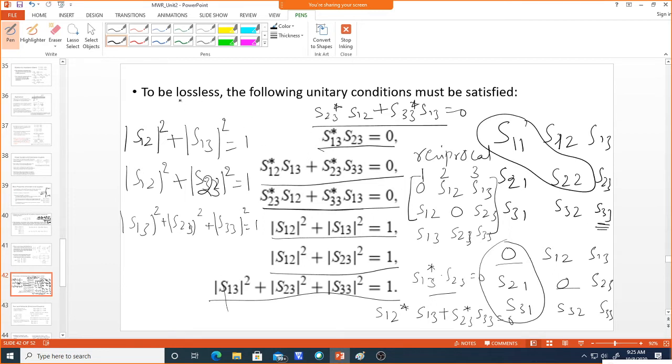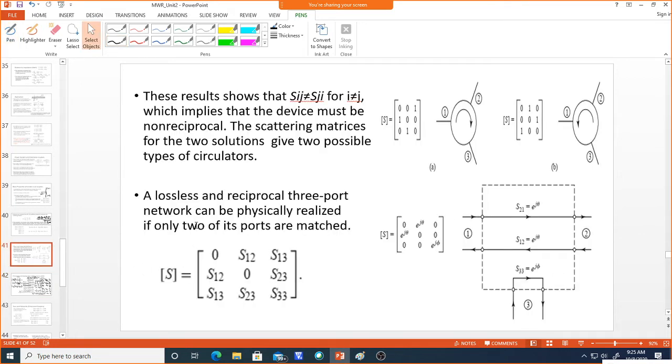So in order for the network to be lossless, all these conditions should be satisfied. Then you can get the 3-port network which is lossless as well as reciprocal. If you get both conditions, lossless as well as reciprocal, then we can represent the network like this.